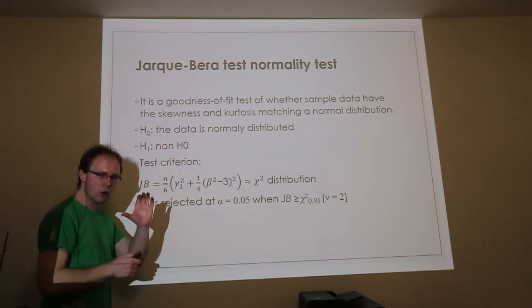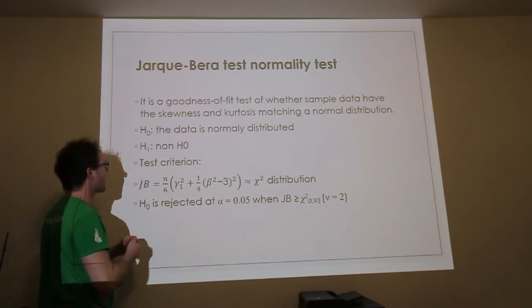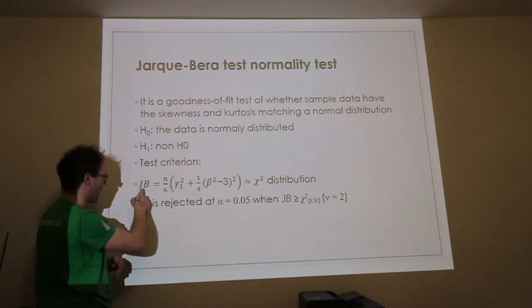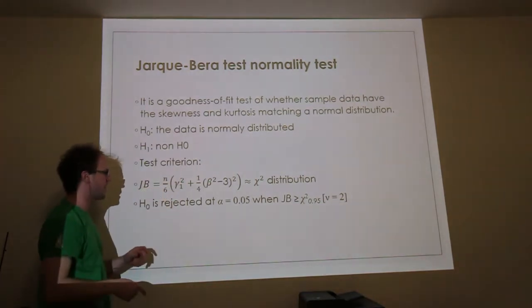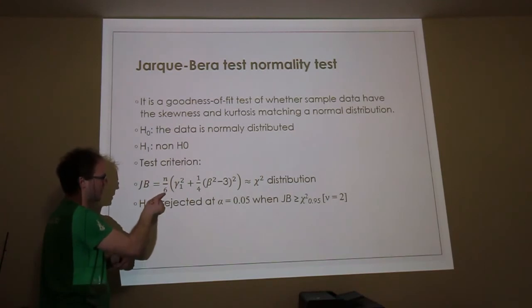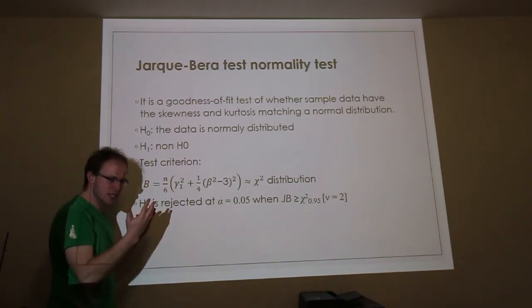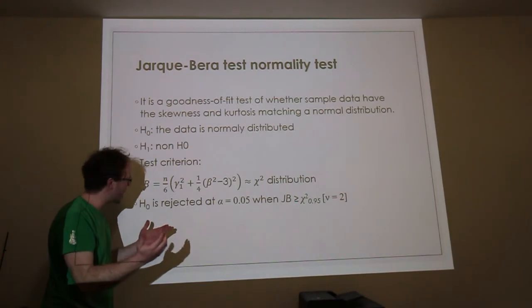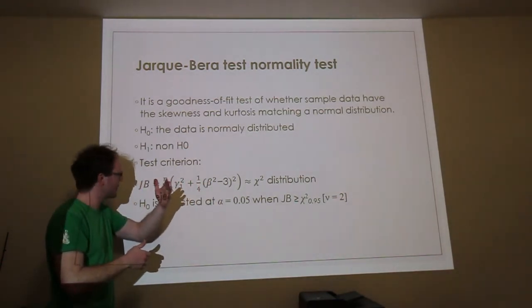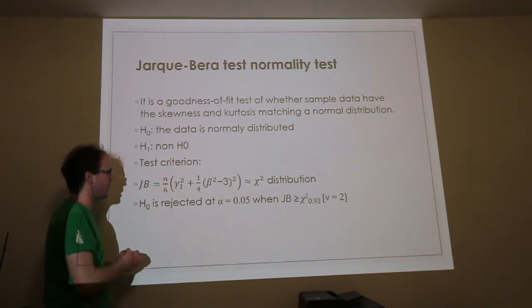Alternative one is non-H0. The test criterion defined by Jarque-Bera, JB, is equal to n divided by 6, where n is the sample size, the length of our analyzed time series.